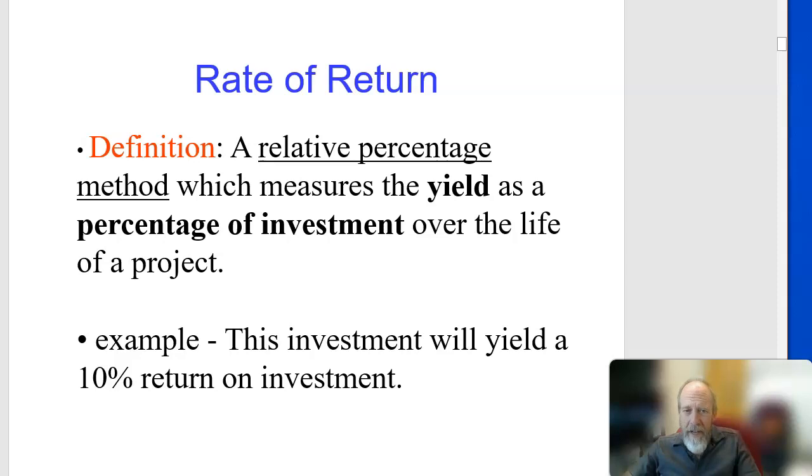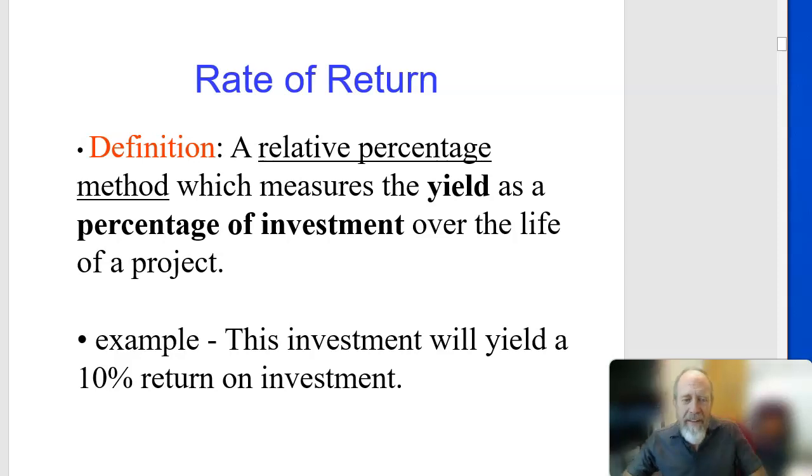That sounds like, okay, I'm going to wrap my head around this definition. Relative percentage method with the yield as a percentage of investment. What does that actually mean in real human terms? Well, if I say this investment will yield a 10% return on investment, that's rate of return. And that's something you can actually say, oh, I'm going to get 10%.